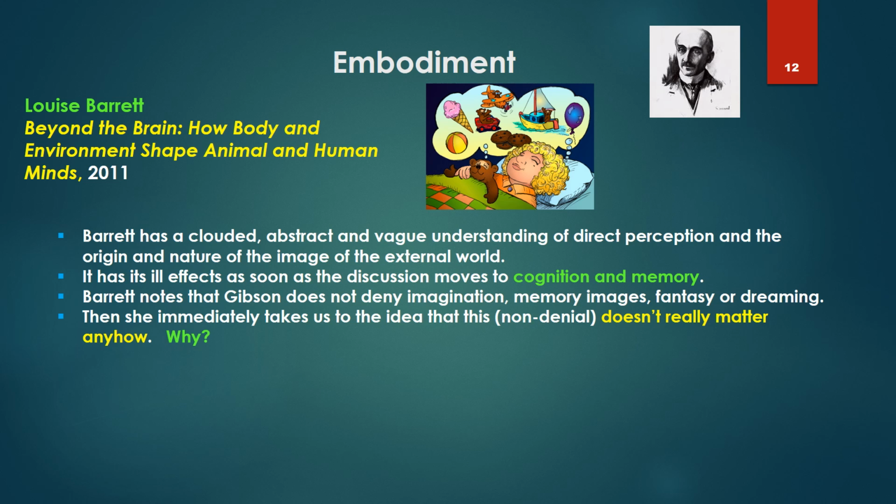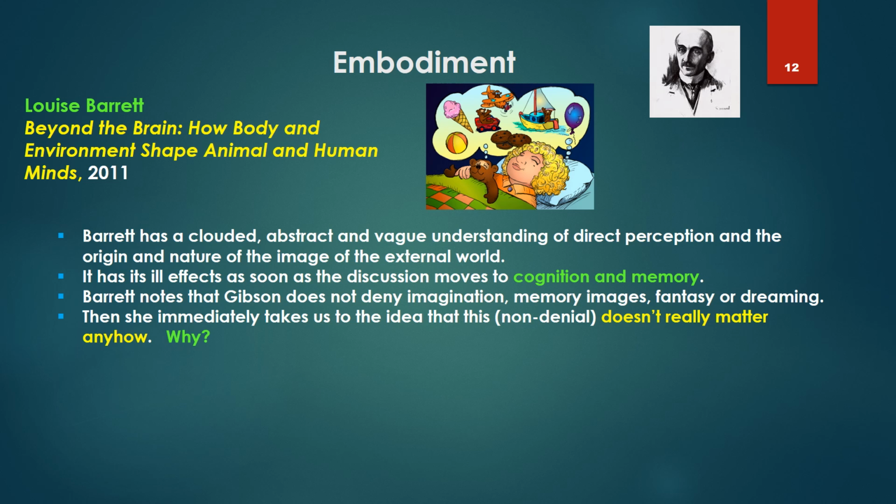So Dr. Barrett, unfortunately, has a clouded, abstract, and vague understanding of direct perception and the role and origin and nature of the image of the external world. It has to be placed within Bergson to make any sense.